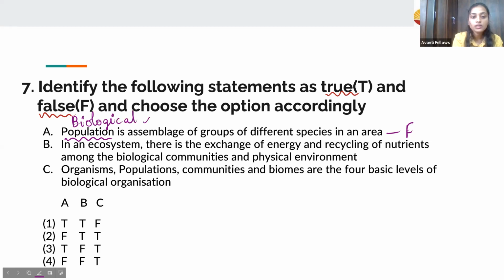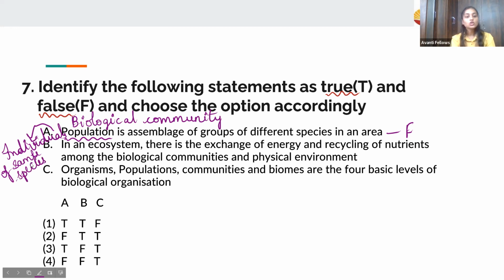Biological community is the assemblage of group of different species in an area, whereas population is the individuals of the same species. So it is false. Yes. So let's see the second statement.